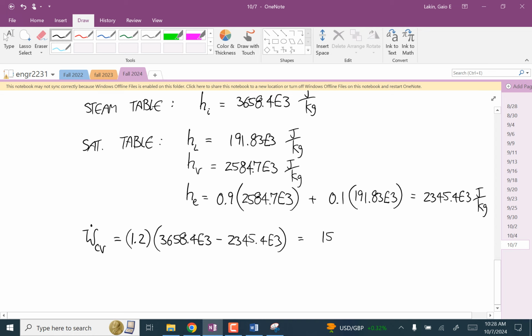And we get a value of 1575.6 times 10 to the third. It's not per kilogram, this is an extensive power, and power means it's in watts, so this is in watts. Because we multiplied by the mass flow rate. Yeah, that's right.